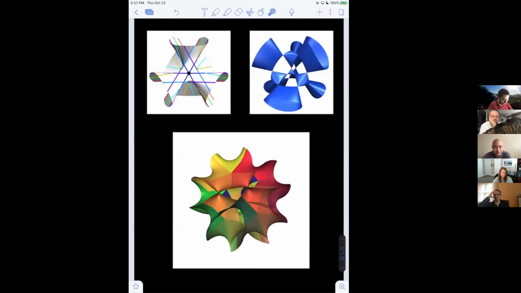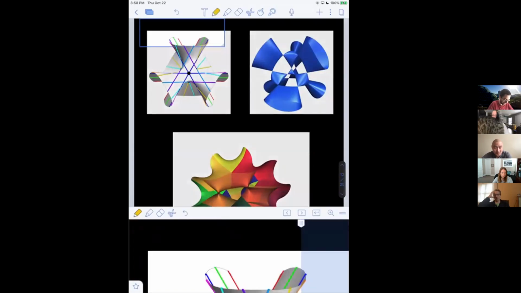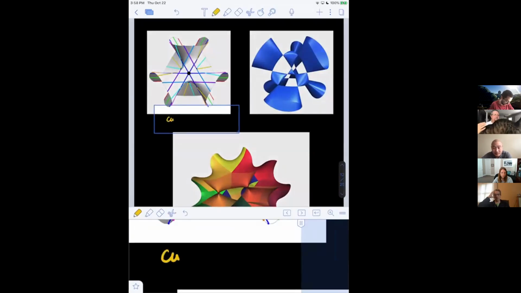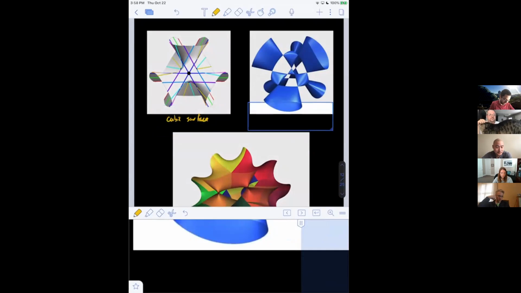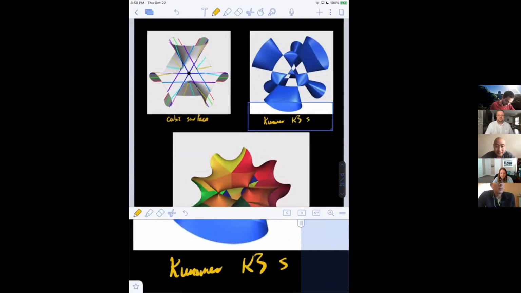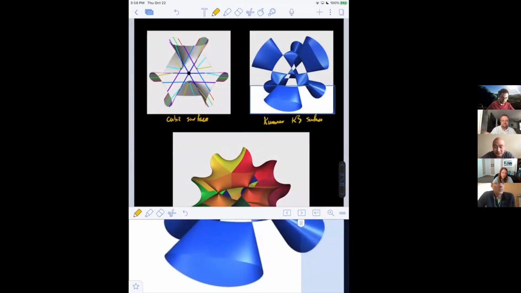All right, so here are some pictures of algebraic varieties. This one is a cubic surface, and if you've heard about cubic surfaces before, you probably know that they have 27 lines on them, and this picture has the lines written on them. This is a Kummer K3 surface. At least some of these are.